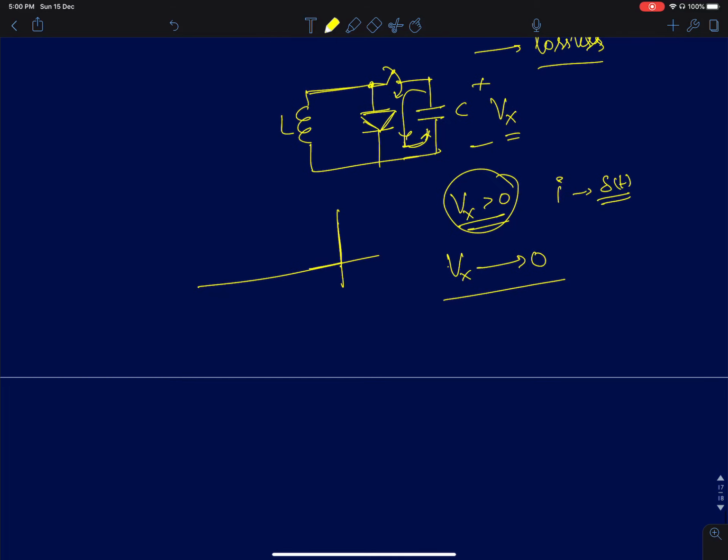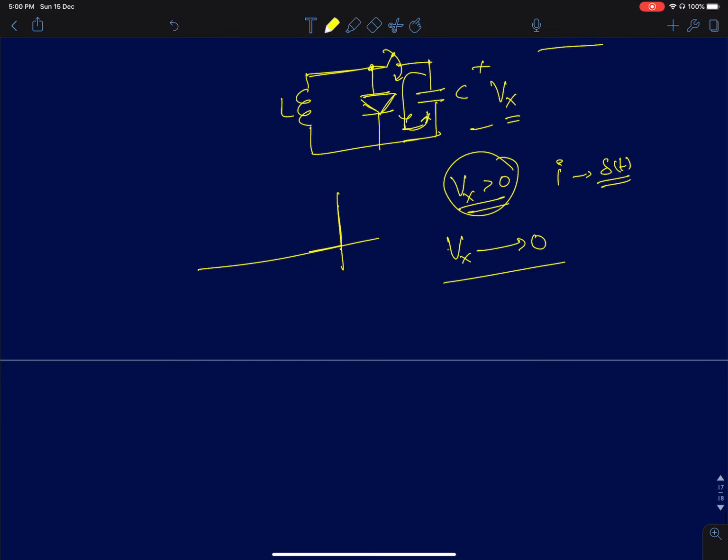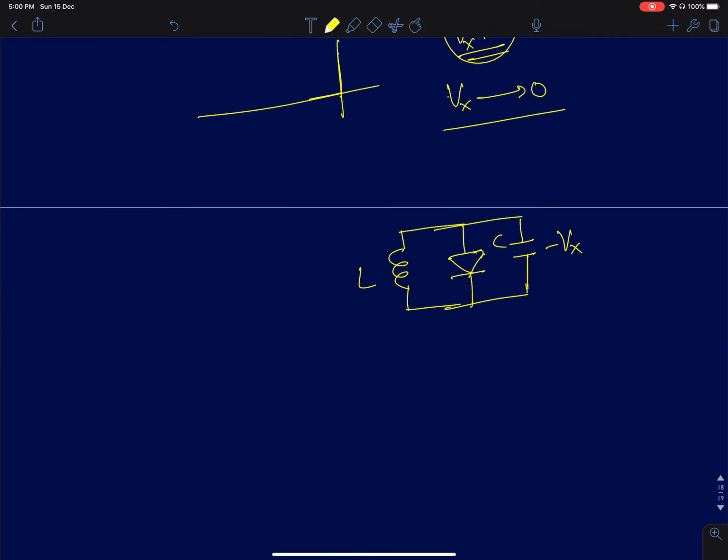Now what happens when I have a negative voltage across the capacitor? Say minus Vx. When you apply a negative voltage of minus Vx across the capacitor, the diode will behave like an open circuit.